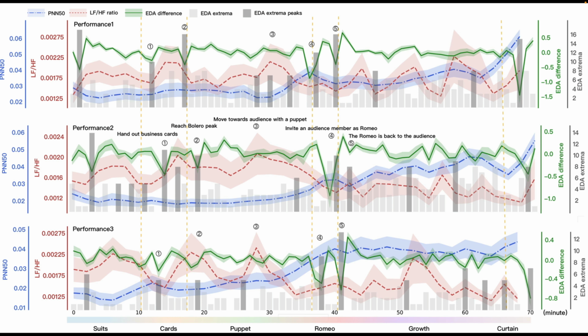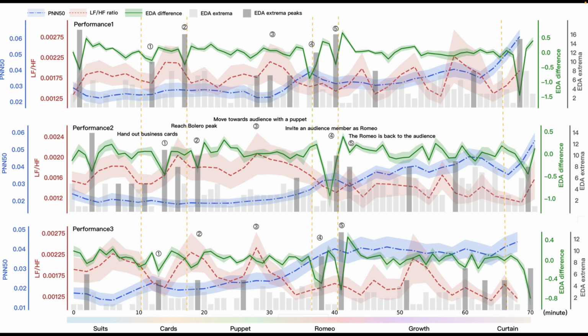So then the last bit that I want to share is also the EDA data. This is again the three performances, and you see in gray the EDA, so the peaks from the sweating on the palms. And especially the dark gray parts are interesting, because these are points where audience members mentioned these were memorable scenes after the performance.